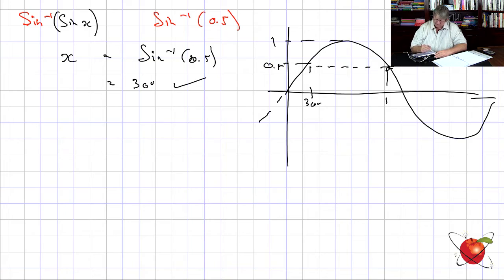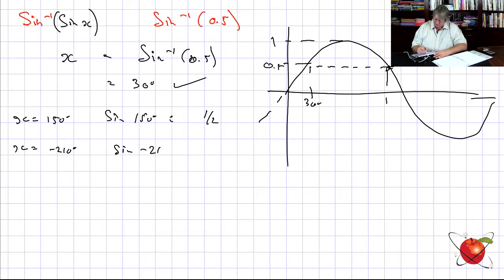Let's just have a look and say, hold on then. Let's put in sine of x equal to 150 degrees. Let's say x equals 150 degrees. Sine of 150 degrees is equal to a half. Let x equal minus 210.